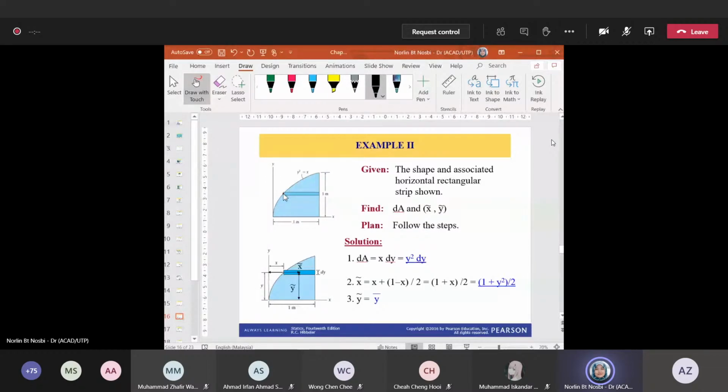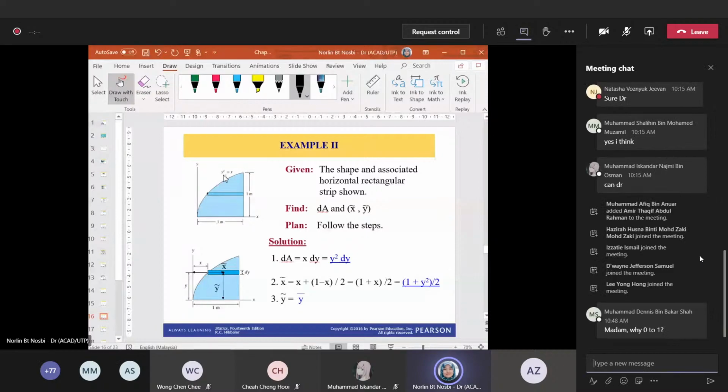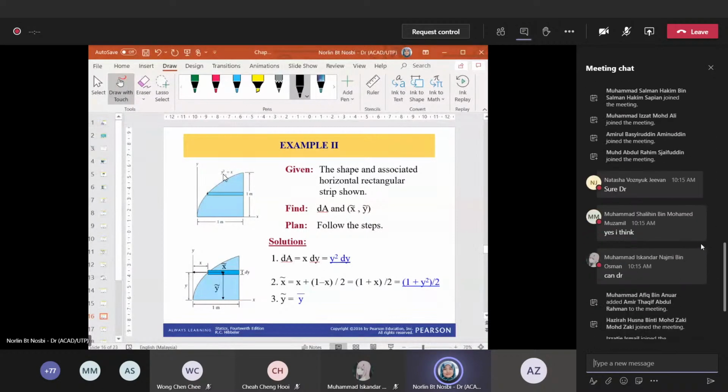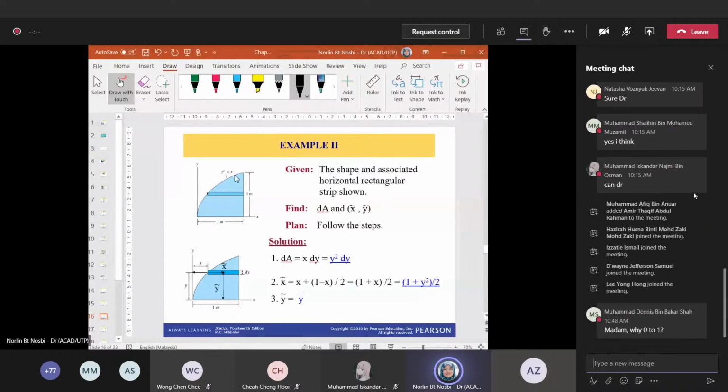The curve is y squared equals x, with size 1 meter for x and 1 meter for y. You need to find the dA, the center of area, and then the centroid x tilde and y tilde.